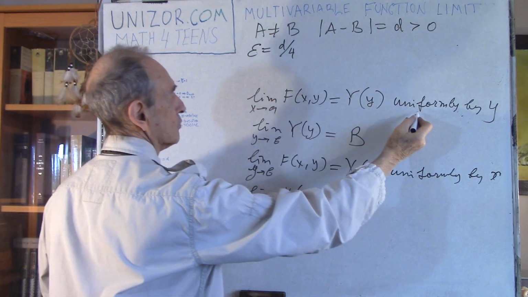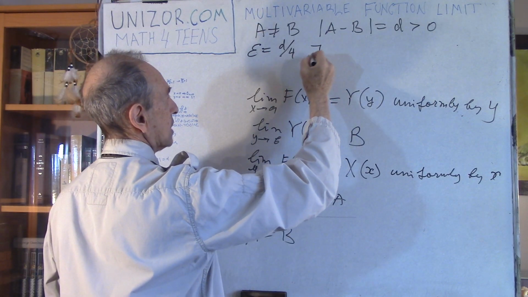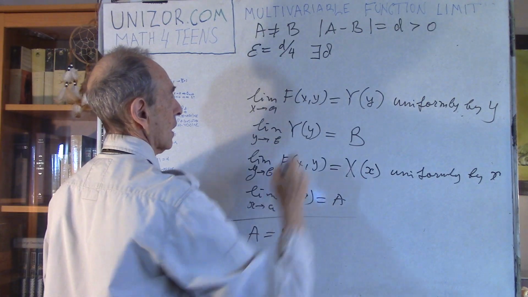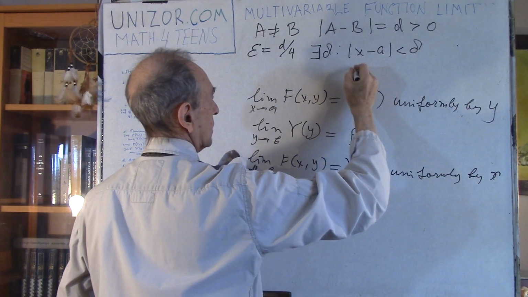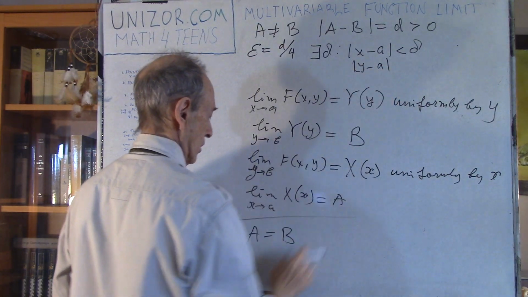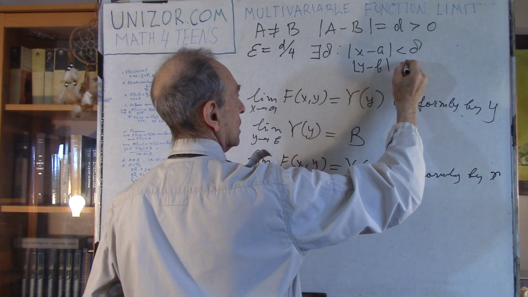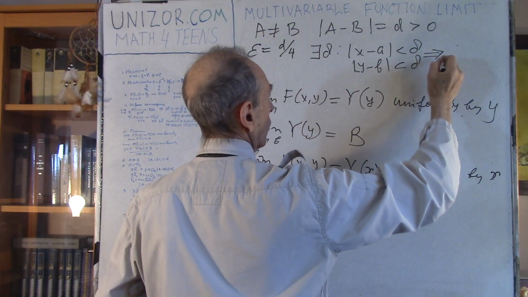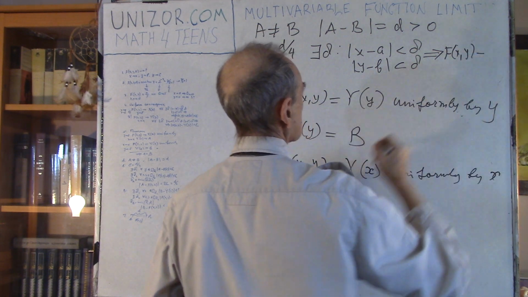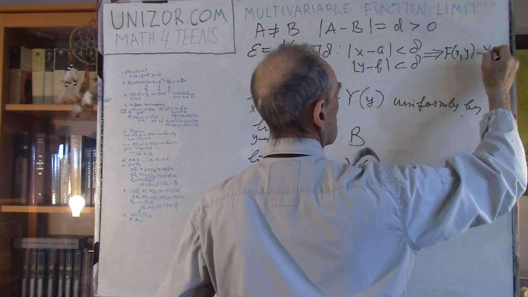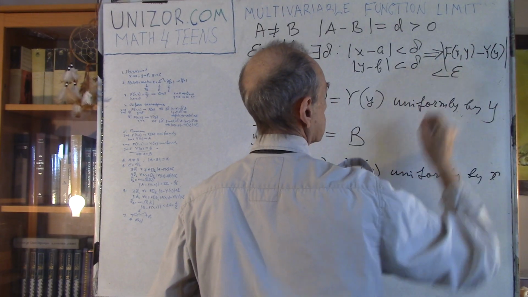Since this is uniformity, then for this particular epsilon, there is some delta such that if x minus a is less than delta and y minus b is less than delta, so we are in the neighborhood of their limit points, it follows that f of x y minus the function of y is less than epsilon.